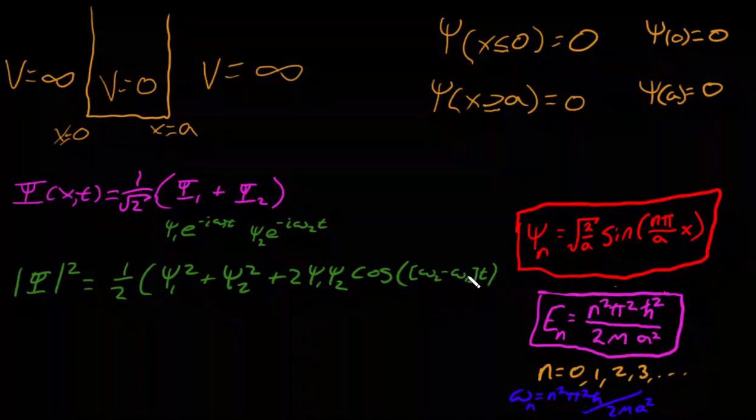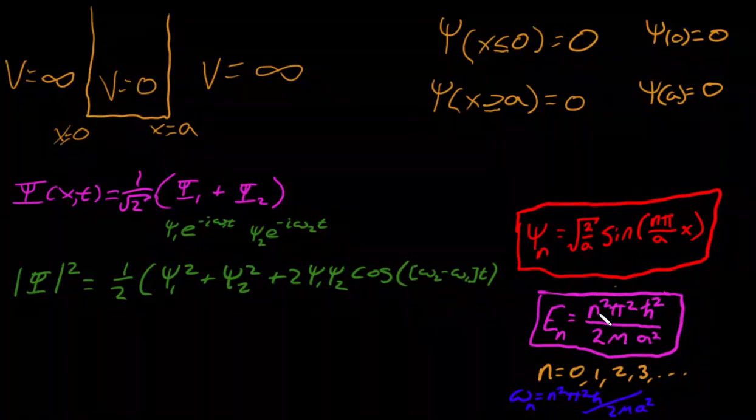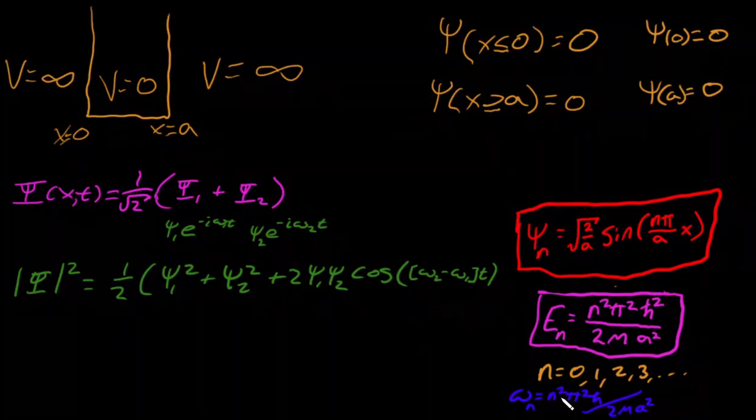This will end up being 3 times omega 1, because if you plug in with the n squared, omega 2 will be 4 times omega 1.